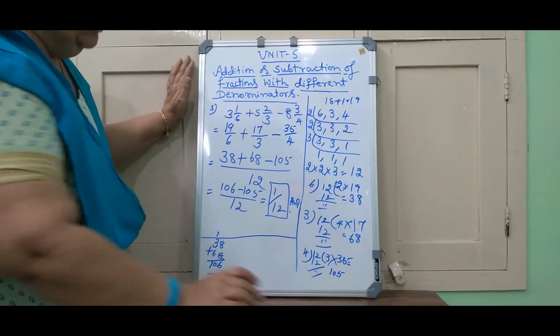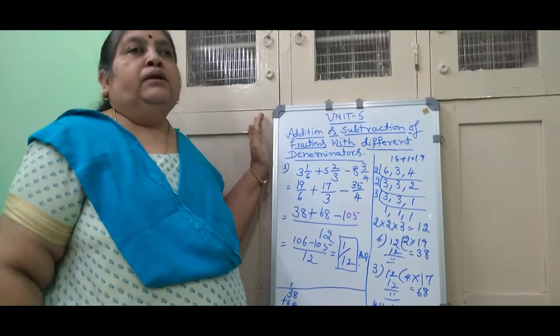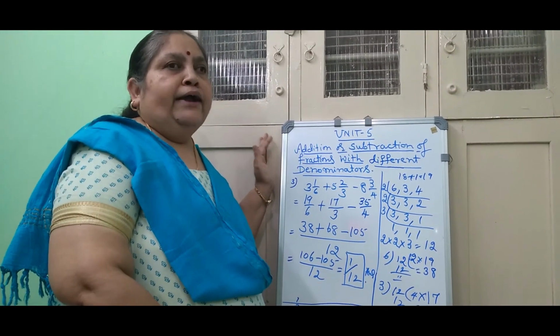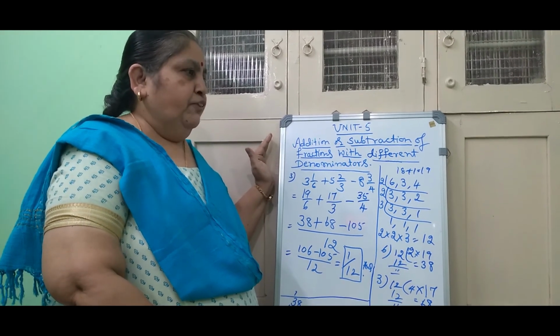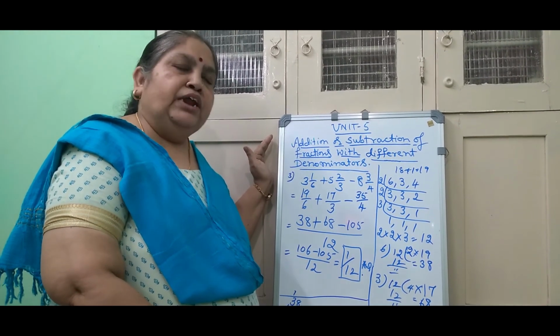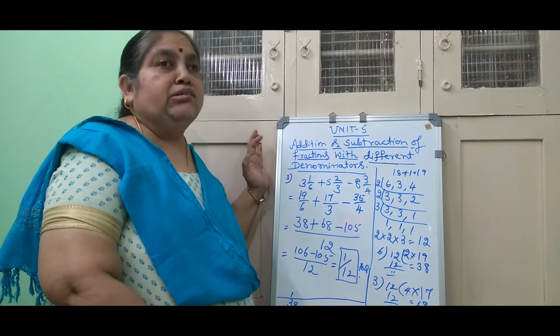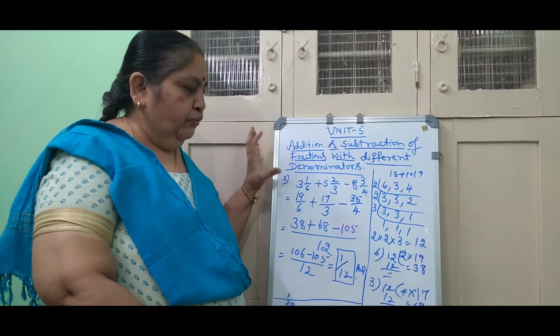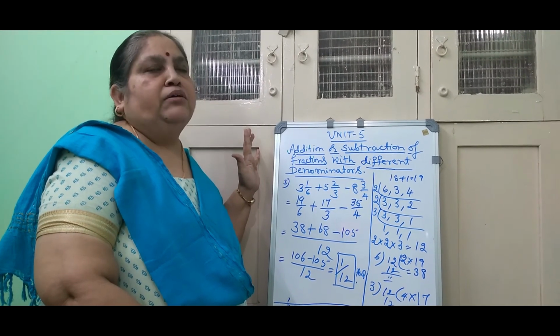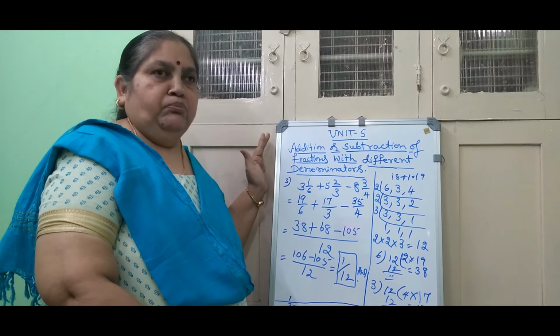So this is how we add or subtract fractions with different denominators, and when both symbols, addition and subtraction, are there, we should be careful about the signs and then proceed with the problem.